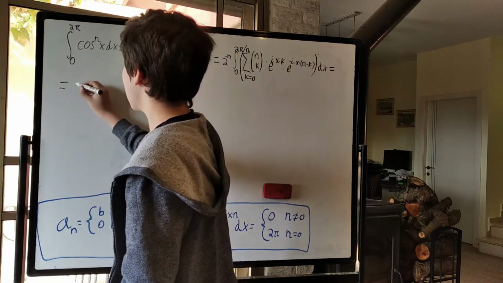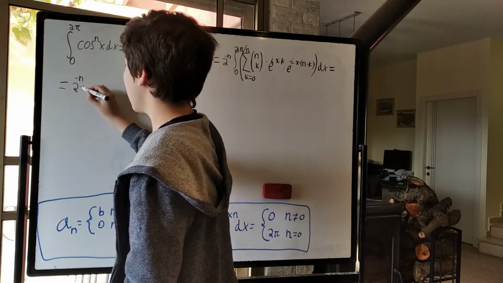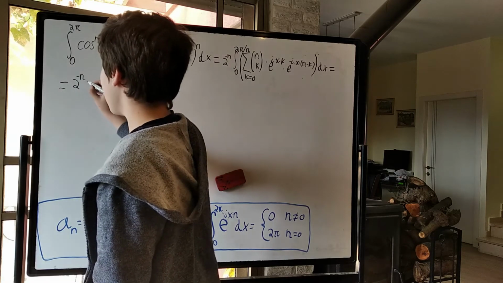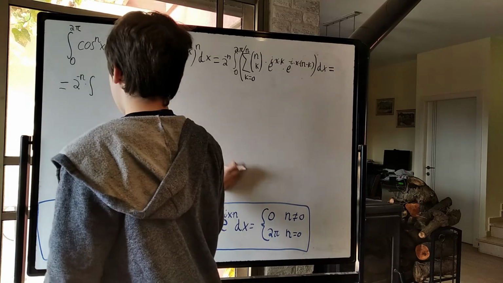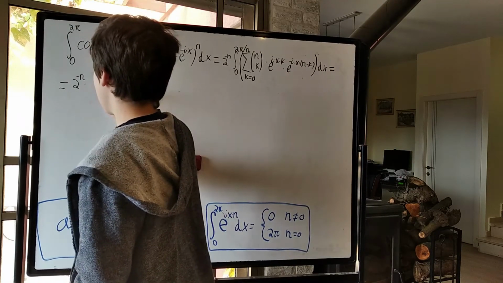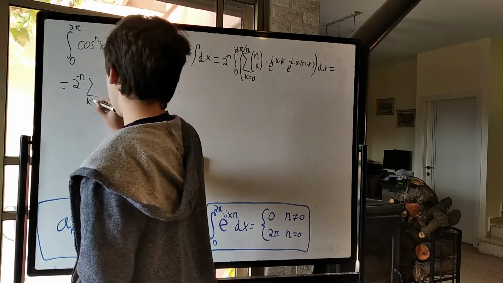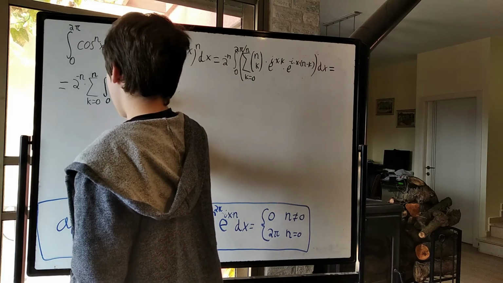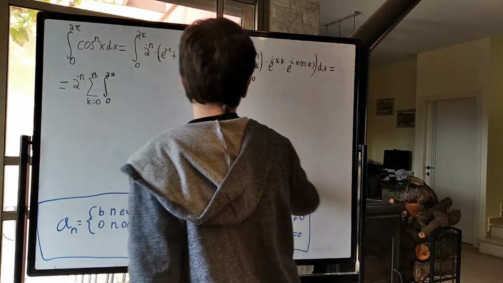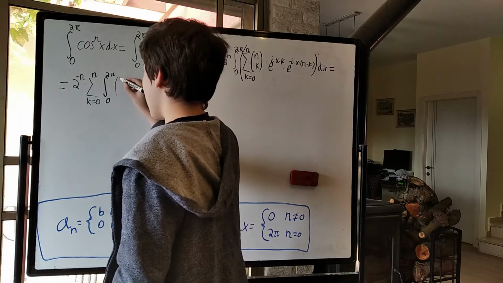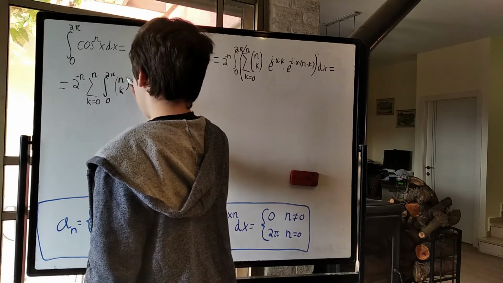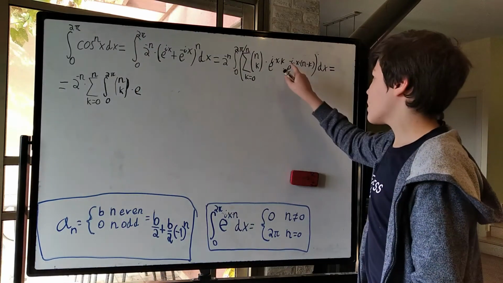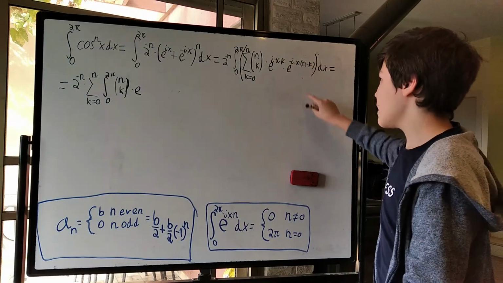So we'll get 2 to the negative n, and it's going to be 2 to the negative n times the sum as k goes from 0 to n of the integral from 0 to 2 pi of n choose k times, now here we're going to take the negative and put it into the n minus k.